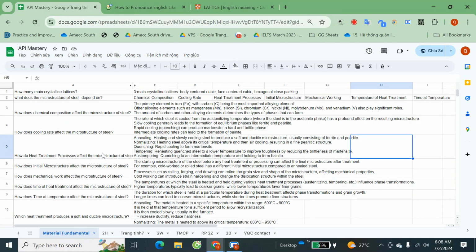Reheating quenched steel to a lower temperature to improve toughness by reducing the brittleness of martensite. Austempering. Quenching to an intermediate temperature and holding to form bainite.